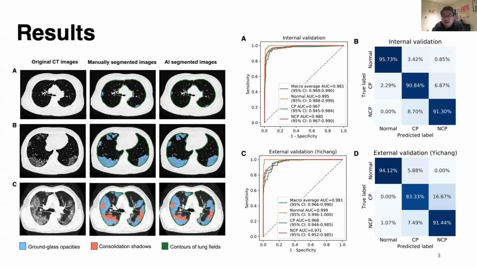Here, the one class is COVID-19, and the other two classes include common pneumonia and normal controls. From which we can see that the system the authors proposed can achieve a pretty high accuracy on these data sets.